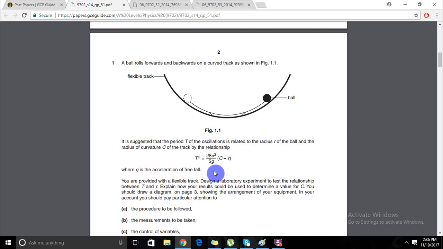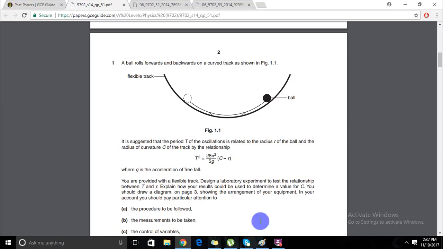Alright, where g is the acceleration of free fall. Something to note: g is a constant, pi is similarly a constant, and 28 over 5 is obviously a constant. So this part of it is basically constant.